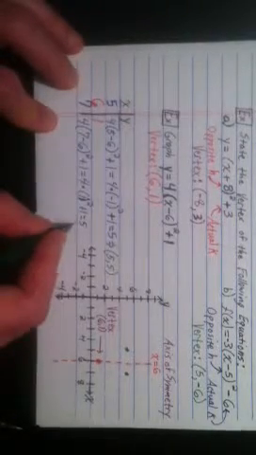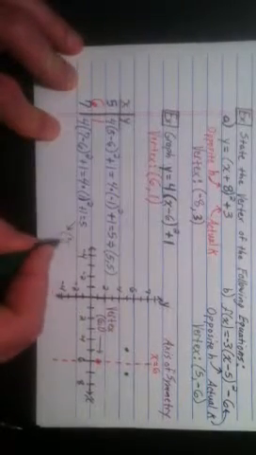So we have 4 times 1 squared plus 1. That also is going to give us 5. So when x is 7, y is 5. We again get the ordered pair 7, 5.